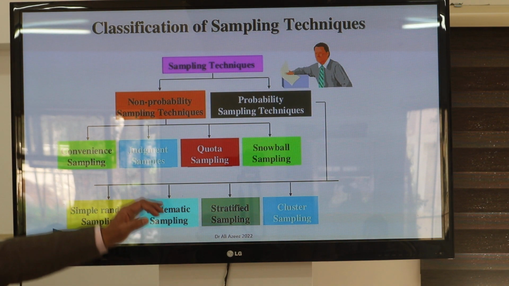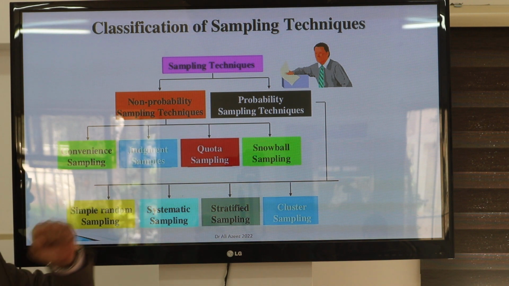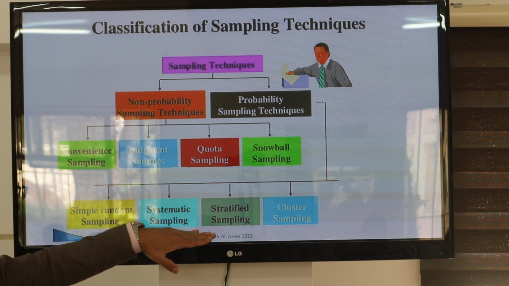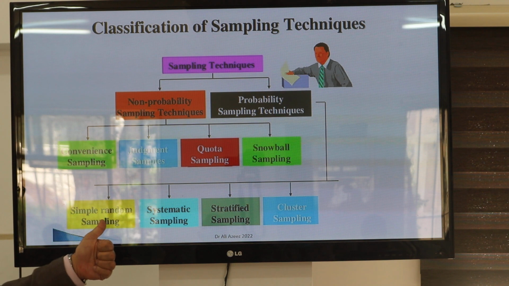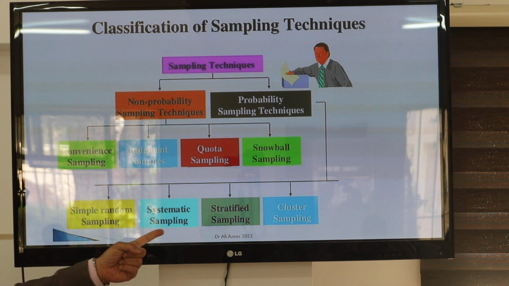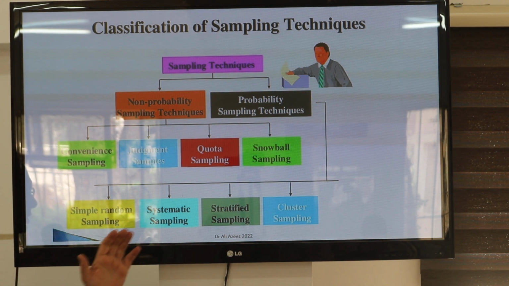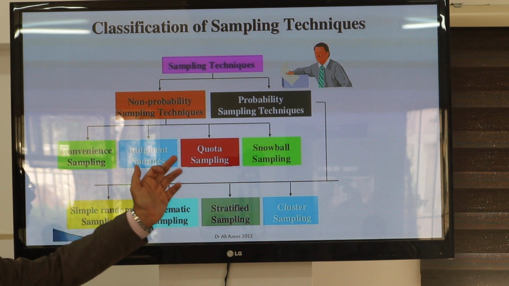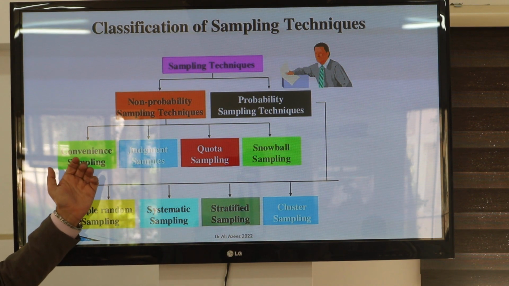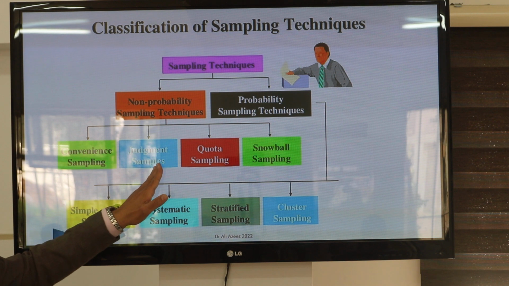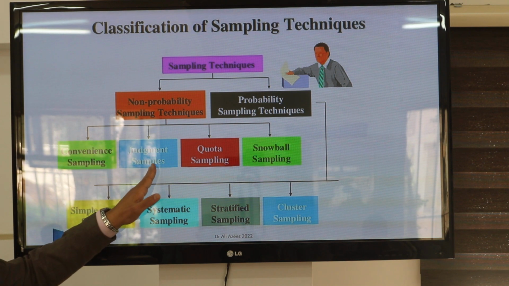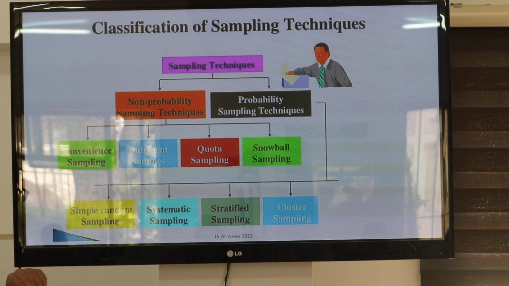Just a quick reminder, probability sampling, we deal with randomization. We have simple randomization, systematic sampling, stratified, and cluster. For the non-probability, convenience sampling, judgment called purposive. This is the one we are going to use mostly.